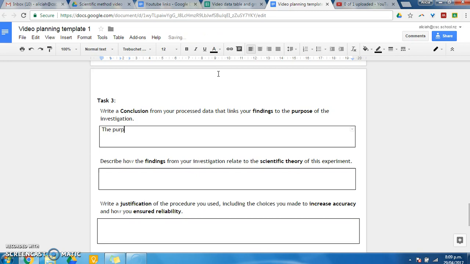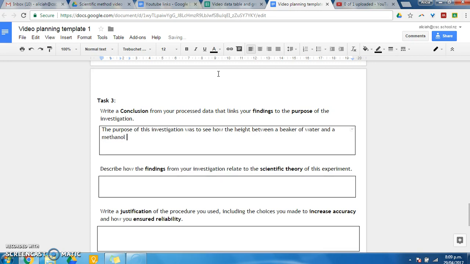We can say the purpose of this investigation was to see how the height between a beaker of water and a methanol fuel burner impacts on time taken for the water to boil.